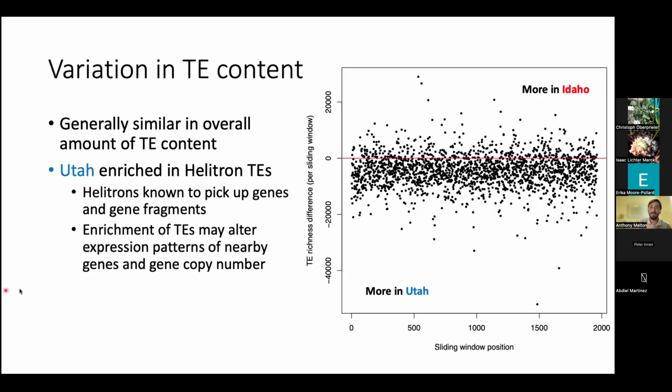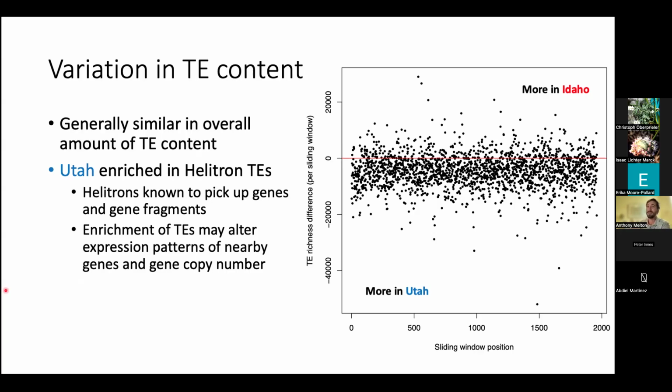And we see big enrichment of helitron TEs within our Utah population, or within our Utah genome. We thought this was interesting because helitron TEs have been known to pick up gene fragments and move them through the genome, and they've been implicated quite a bit in the modification of response pathways.